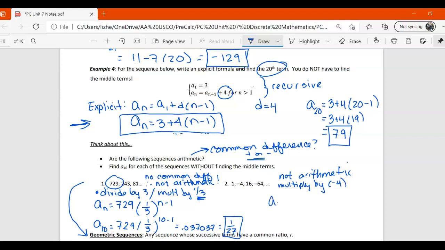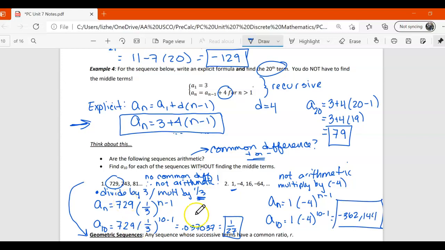So that means we'll say a to the n equals a to the 1, which is 1, times -4 to the n minus 1. So finding a to the 10, we're going to go 1 times -4 to the 10 minus 1. And that is -362,144. And there's a to the 10.